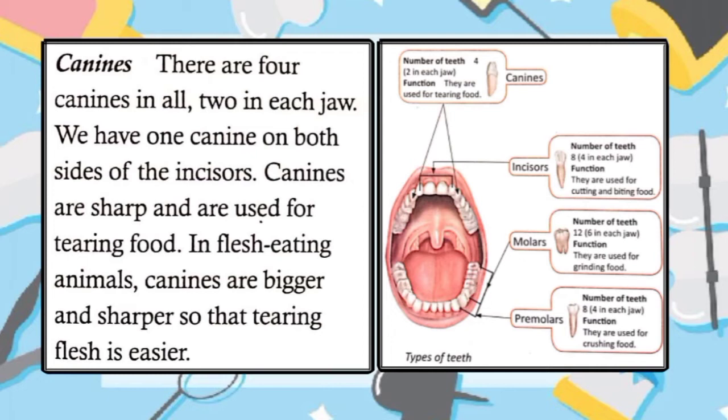As you can see, on both sides of the 4 incisors, there is one canine tooth. Canines are sharp and are used for tearing food. In flesh-eating animals, canines are bigger and sharper so that tearing flesh is easier. So the function of canine teeth is to tear food.